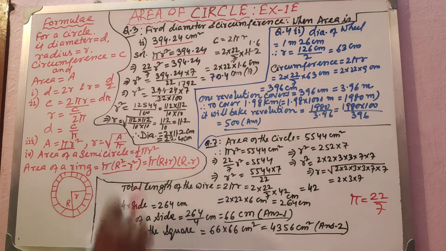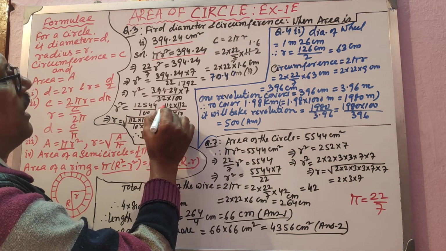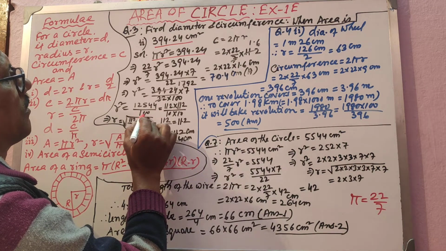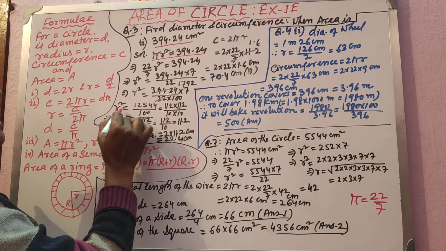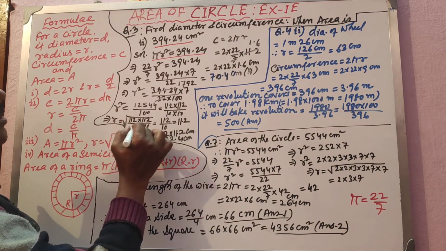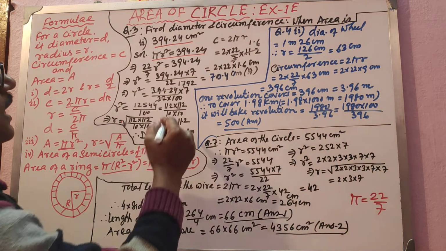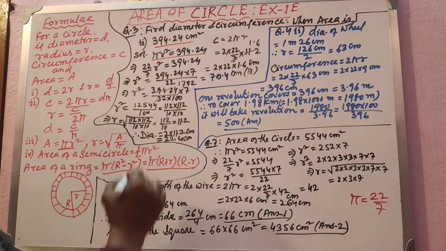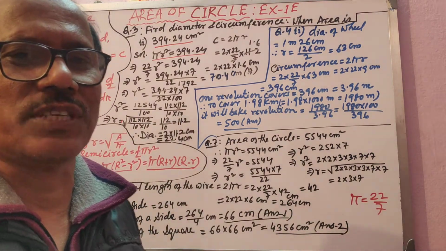If you find the square root, you will find 112 into 112 and 10 into 10. So 112 by 10 will be the R value. So R square is equal to this, and R will be 112 by 10, that is 11.2. So here the radius is 11.2 centimeter.